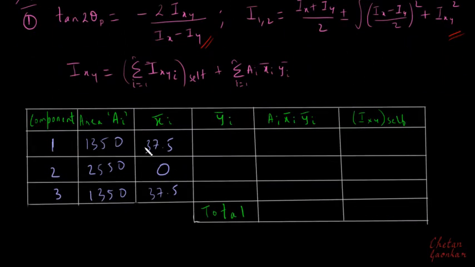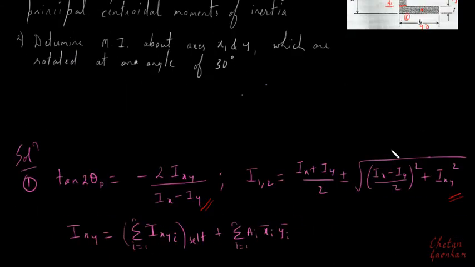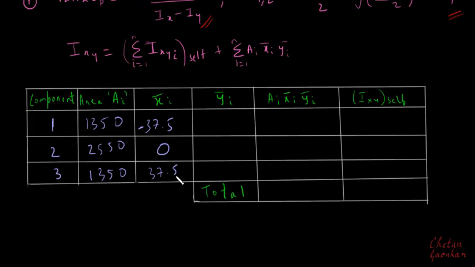The first value should be minus 37.5, whereas x bar 3 is on this side, in the fourth quadrant. This is first quadrant, this is second, this is third, and this is fourth quadrant. So this will be a positive value, 37.5.